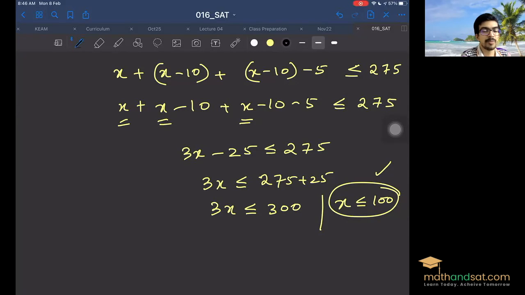The maximum value of x is this quantity.